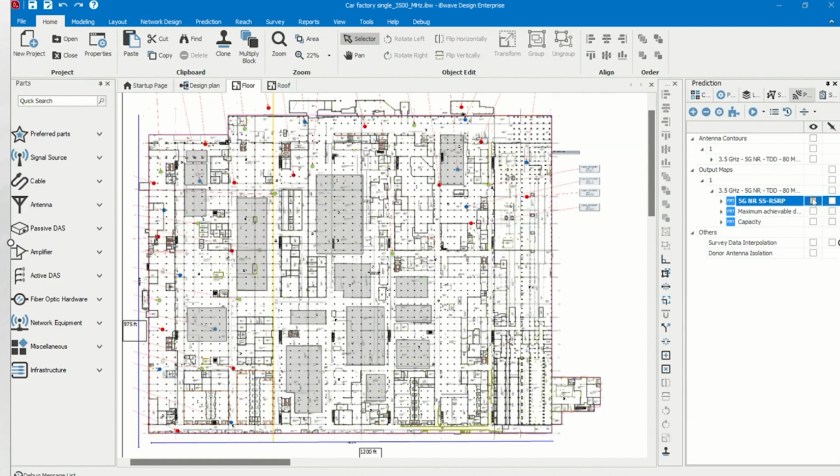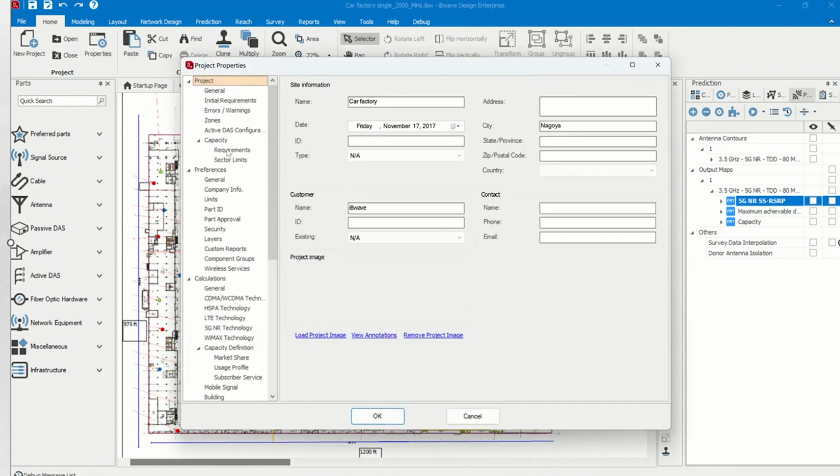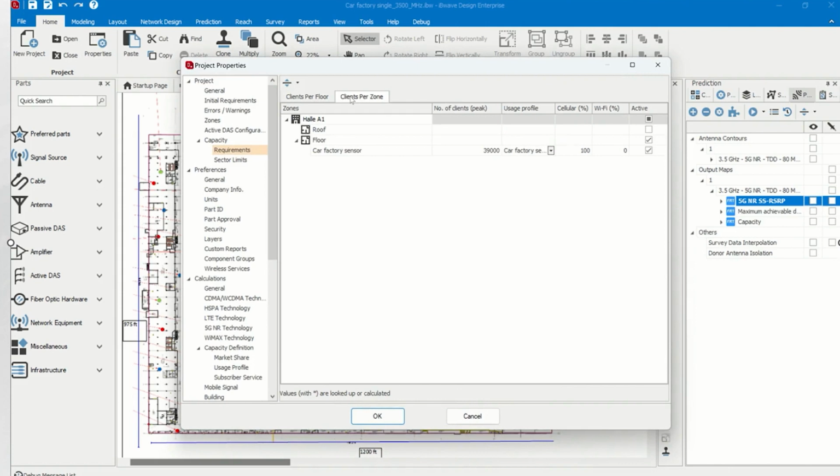Now let's take a look at the capacity. First of all, we have to define in our tool how many sensors we should have in this factory. I did say 1.17 million sensors, but because of the activity, as I argued in the previous slide, we only have 39,000 on average that are active at the same time. And that is on average.